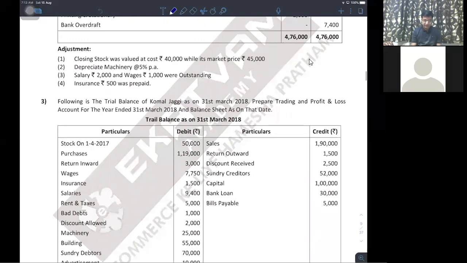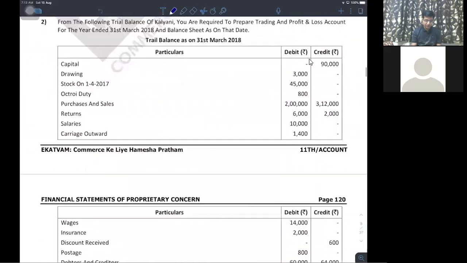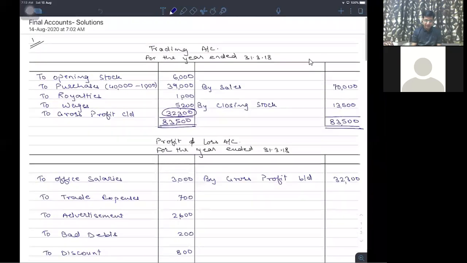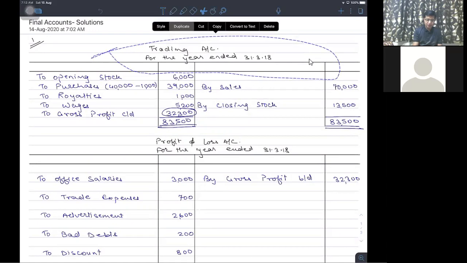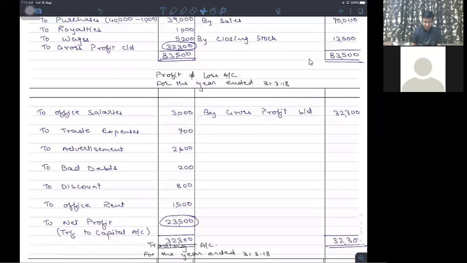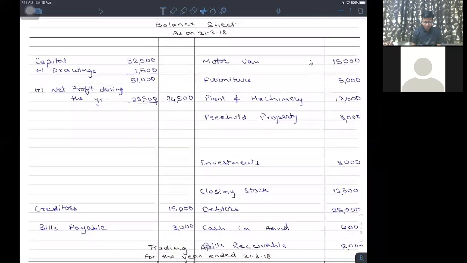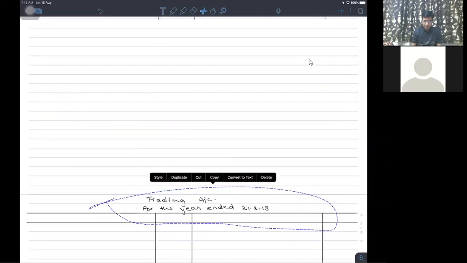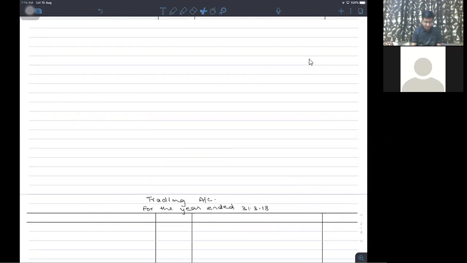So let's solve this question. Again, we'll be needing a trading account and a profit and loss account. You can prepare this trading and profit and loss account on combined basis. There is no problem. But just for the sake of having more comfort, I prepare these separately.